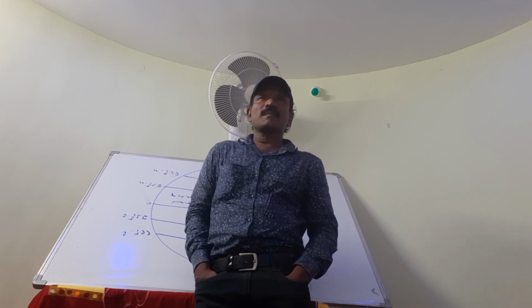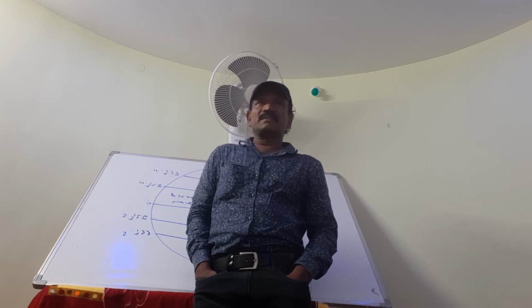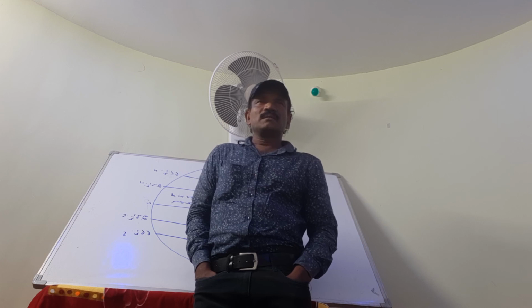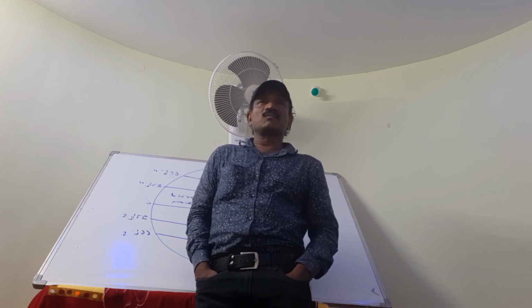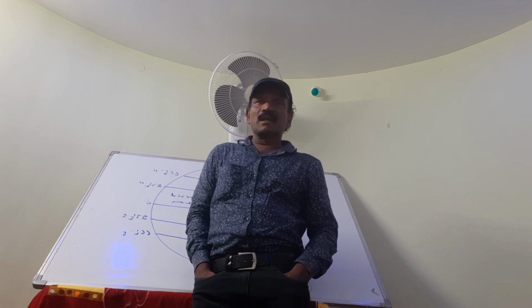And also more than 1000 centimeters rainfall is received by the southwestern monsoons in Meghalaya state, particularly at Masinram and Cherrapunji places.